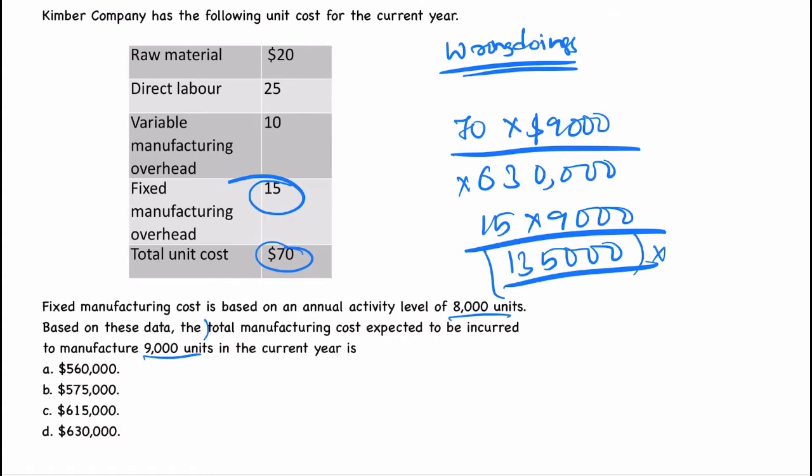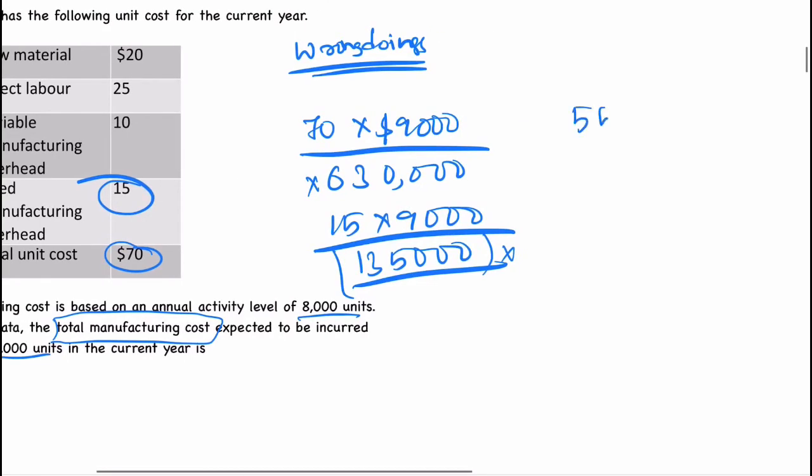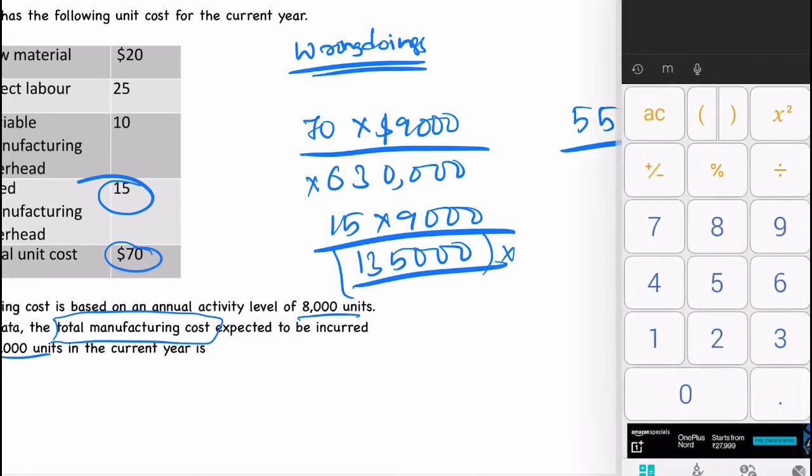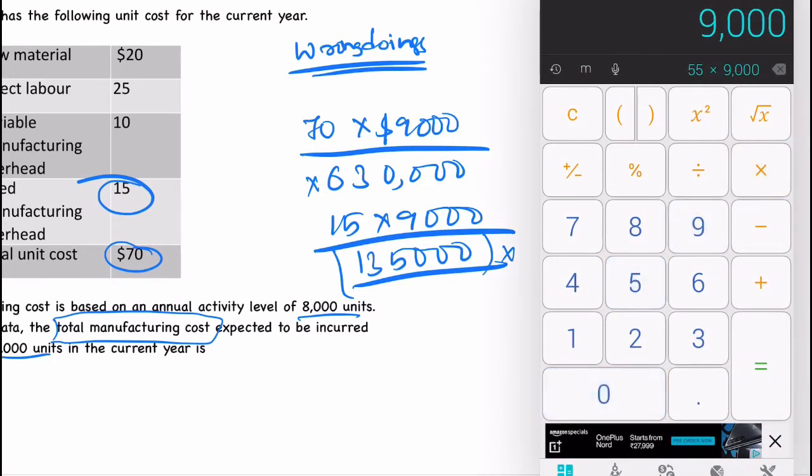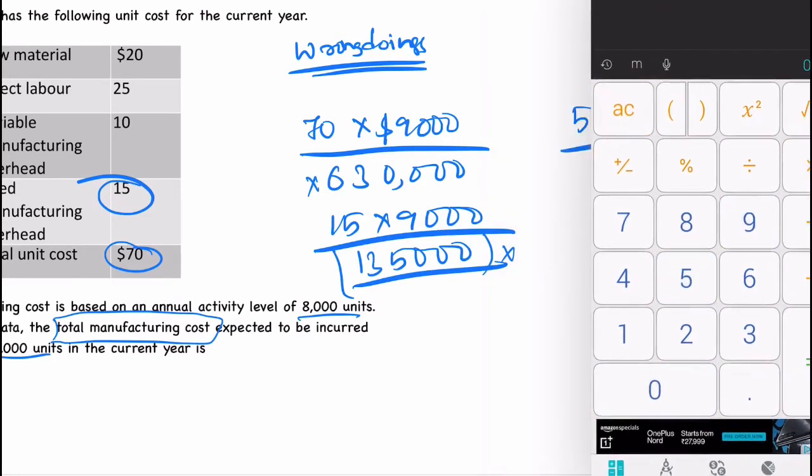Next, they are asking total manufacturing cost. We take this as a wrong and we will calculate only the total variable cost. What is that? 25 plus 20 plus 10, 55 it will come. Another thing we do is 55 into 9,000, how much it will come? 495,000.